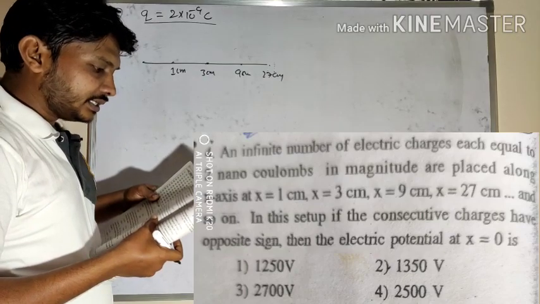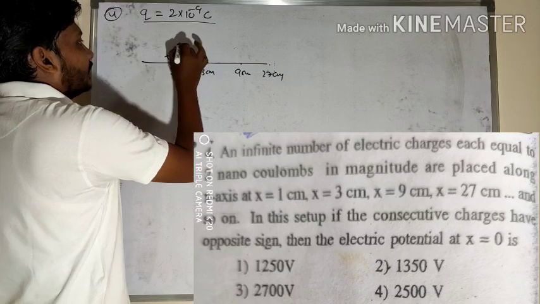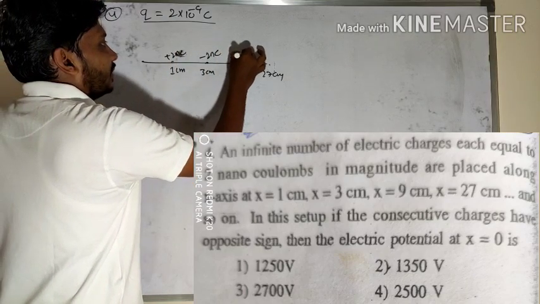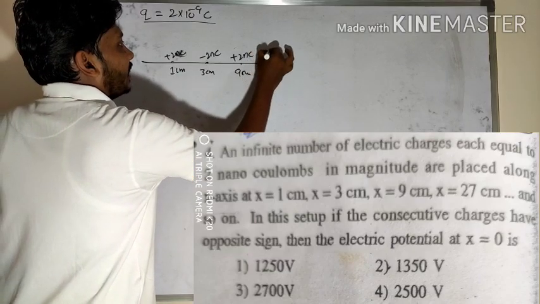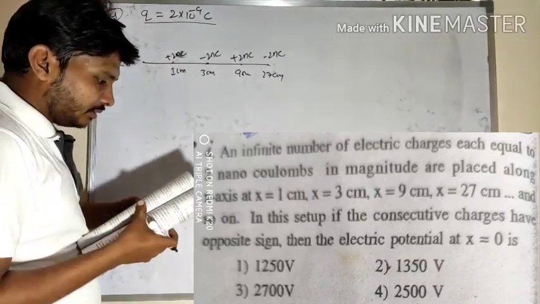In this setup, the consecutive charges have opposite sign. So this is plus 2 nanocoulomb, this is minus 2 nanocoulomb, again plus 2 nanocoulomb, and again minus 2 nanocoulomb. They are placed in this fashion.